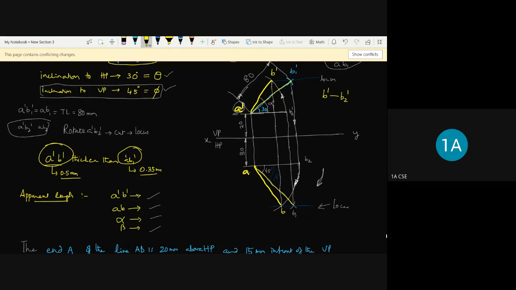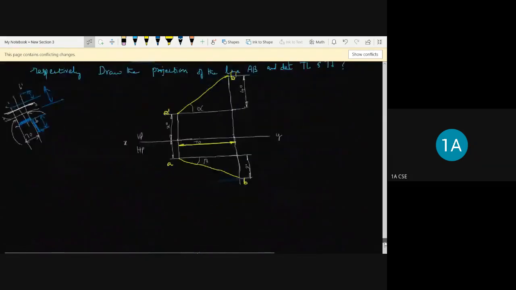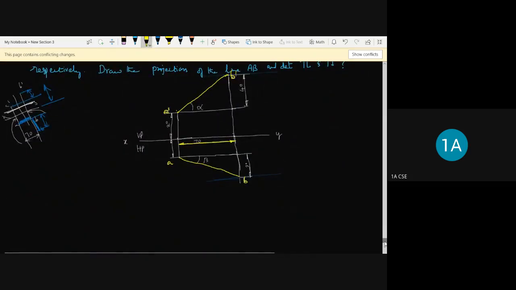You go in reverse now because you know A dash B dash, but you don't know B2 dash. So from B dash to B2 dash, we reverse the arc so that it becomes parallel. It means that I take A dash as the center and A dash B dash as the radius, and draw an arc so that it is parallel to the XY line.